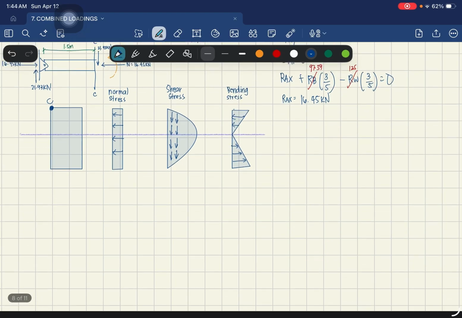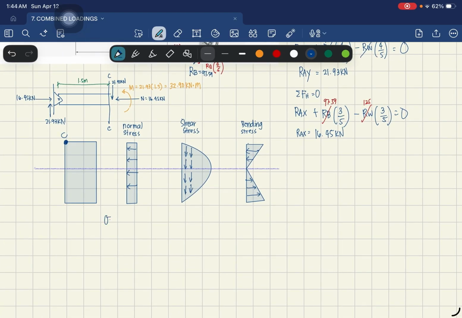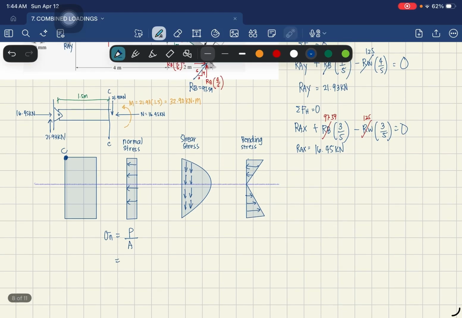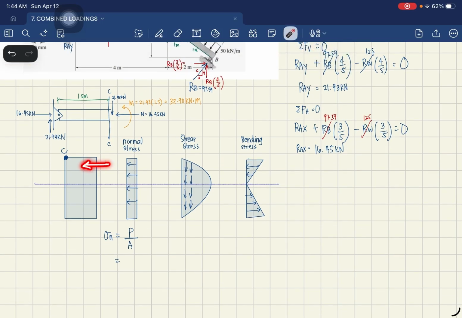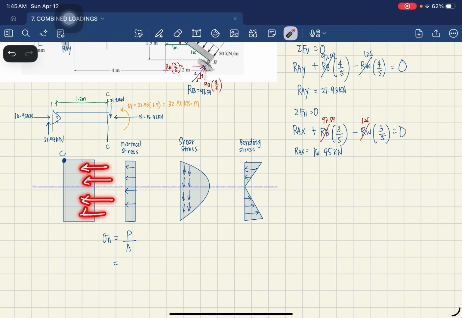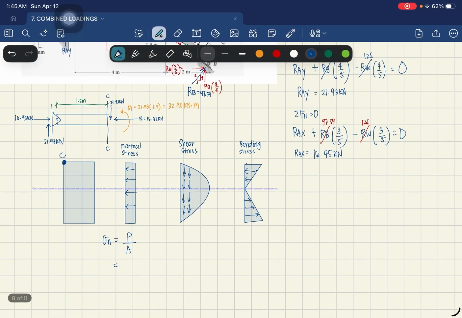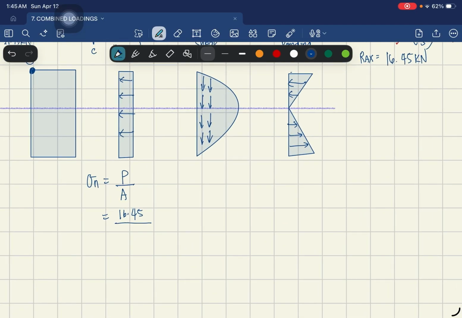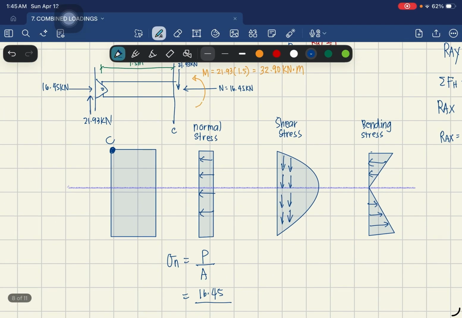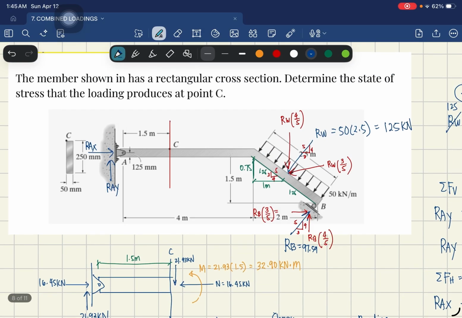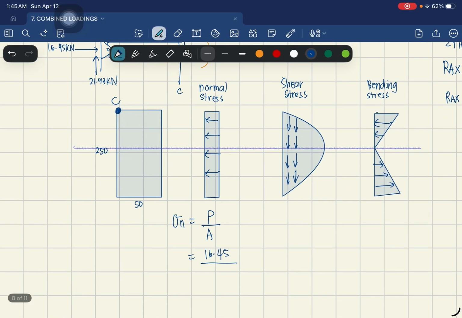So, sige. So, solve natin class, yung normal stress is equal to force over the area. Yung force dyan, pag sinabi natin normal, tumatama siya perpendicular dun sa cross-section. So, sa nasolve natin, yung normal force dito is 16.45 over yung area ng cross-section natin. Meron siyang dimension na 50 by 250 mm. Tama ba? 250 by 50.